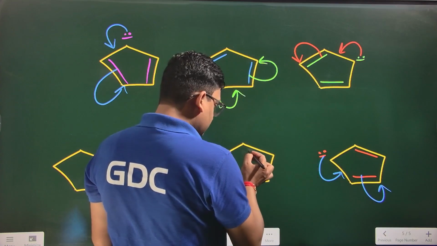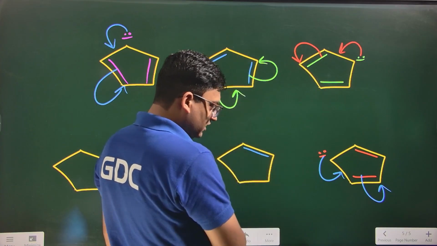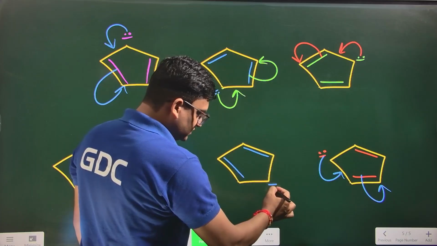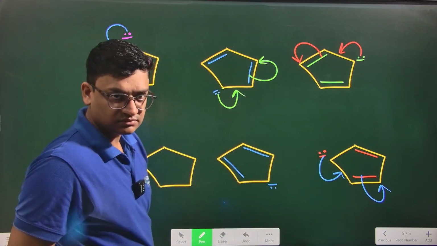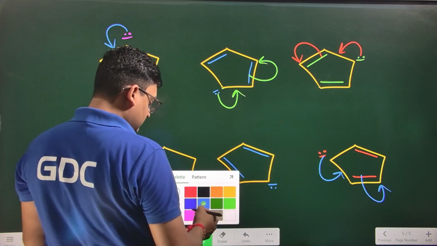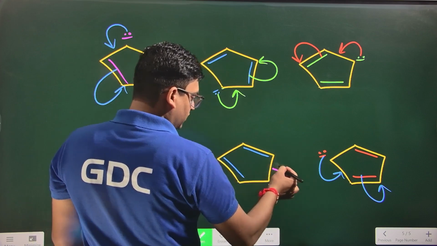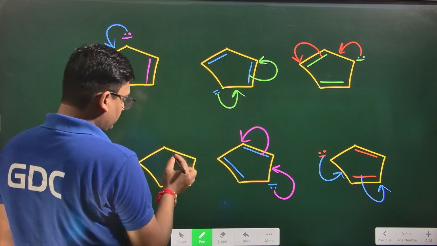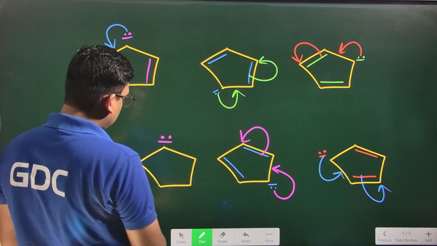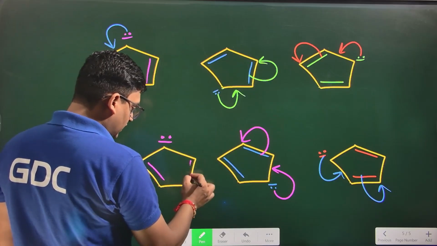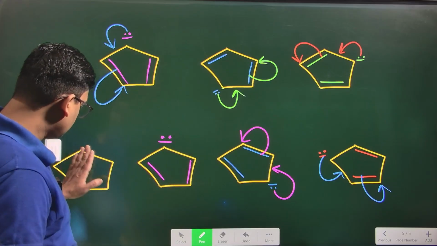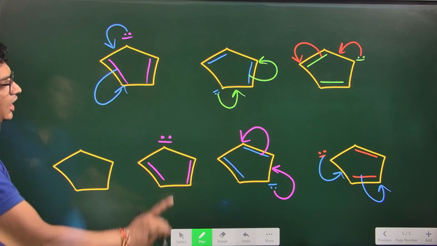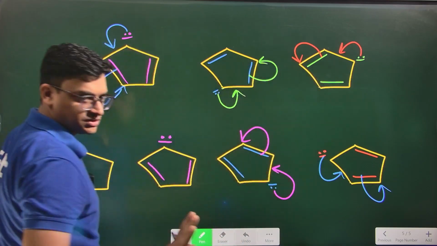So we have a pi bond here and the negative charge at this carbon. Next, this shifts to this position, while this is again the same as the first one. Oh, sorry. Okay, now look at all the structures very carefully.